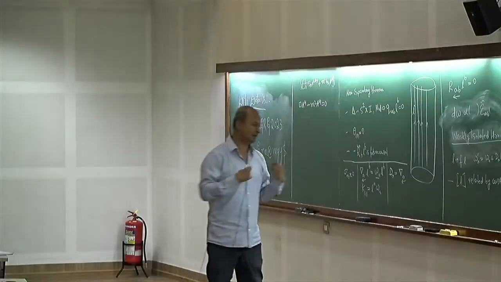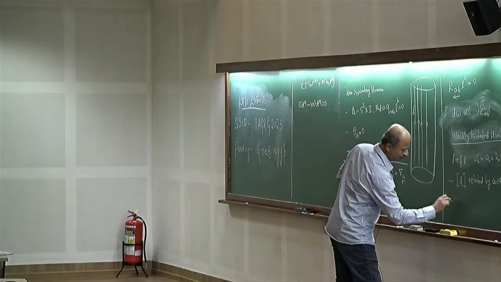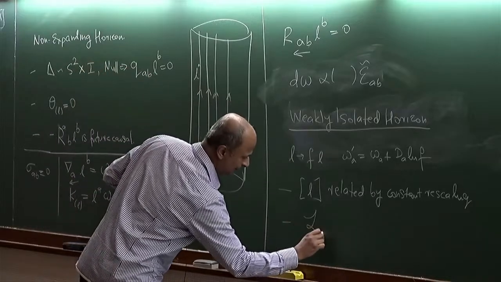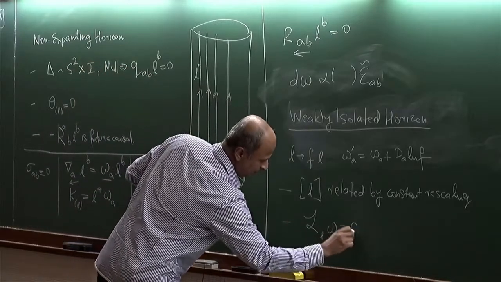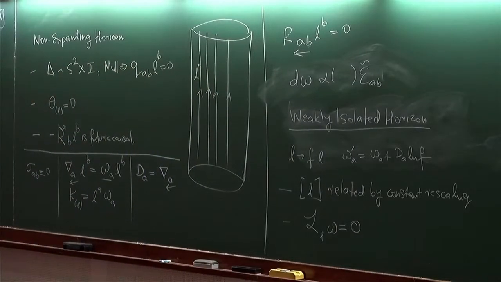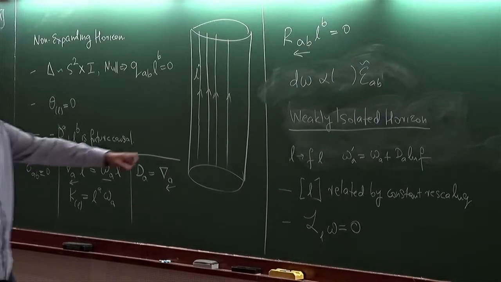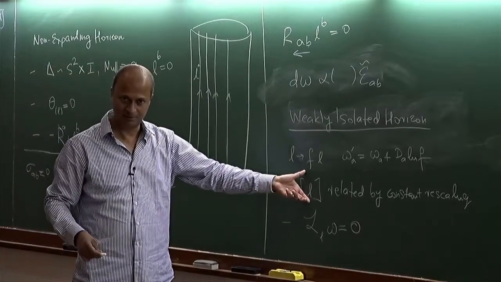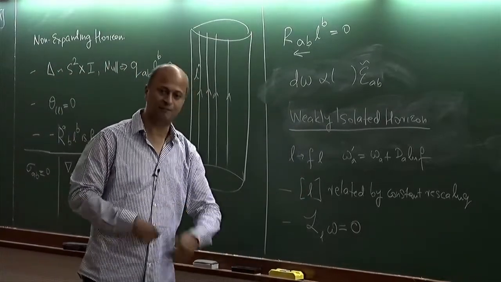So then we realize that I can talk about the omega for a weakly isolated horizon. Then we require that this omega has to be time independent, so L of omega has to be 0. So in short, a weakly isolated horizon is a non-expanding horizon with a preferred class of null normals and with a given omega which is time independent.